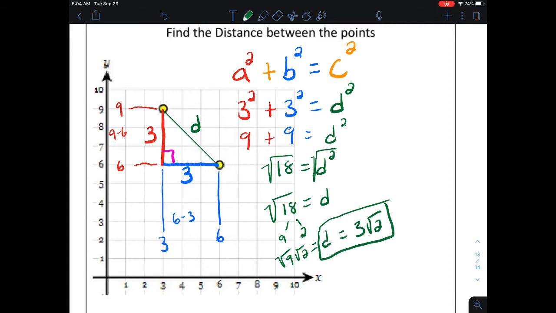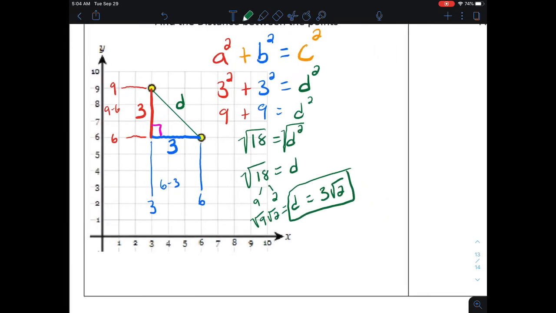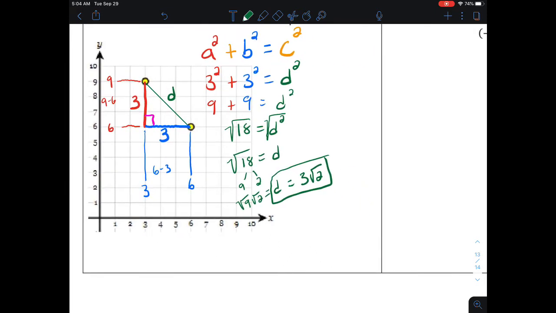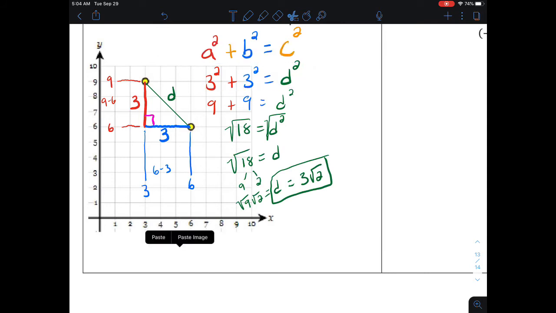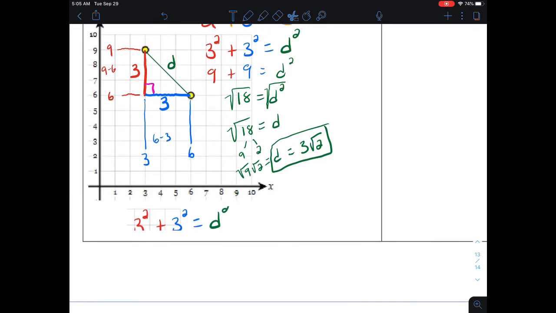Now, what I want us to do is look at what it was that we did. So let me take this line here that we have and copy it. And let's paste it. All right, so I have that line right there. Now, what that 3 represented here, which got cut off a little bit, was 9 minus 6. That's how I got it, which really those are 2 y numbers.